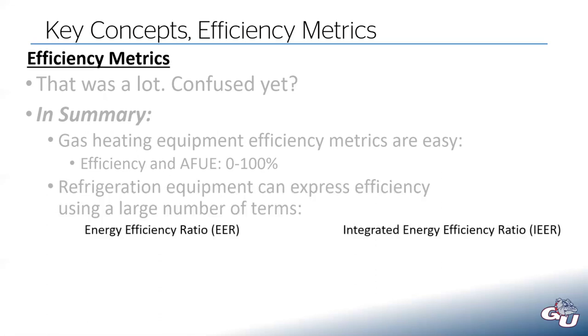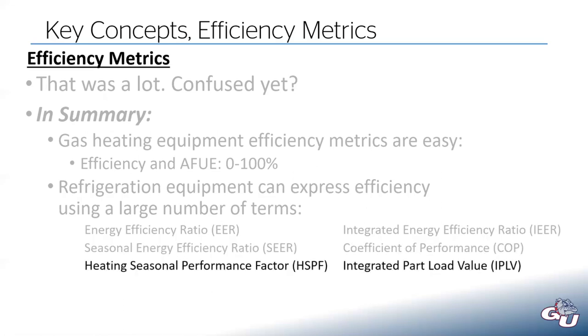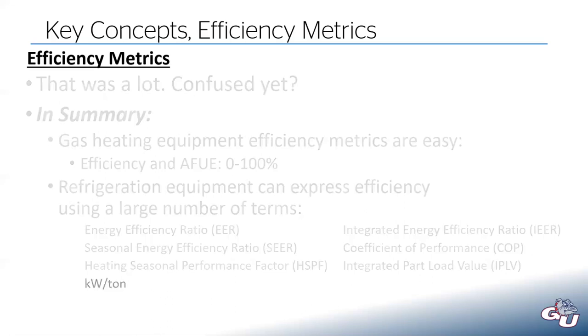So, I mean, these are all the terms I've just covered. So what's that? Seven terms to express the efficiency of a refrigerant-based system, which seems kind of overkill. But don't shoot the messenger. I am not the one who made that decision to use all those terms.